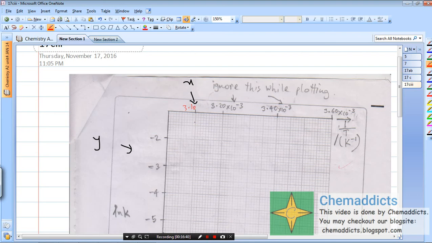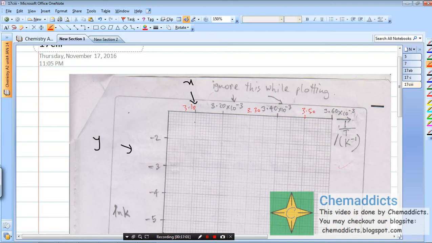Since 3 is common, we will ignore that. This is 0.10, this is 0.20, this should be 0.30, 3.30. Just like that, this is 3.40, this is 3.50. We're going to plot like this.